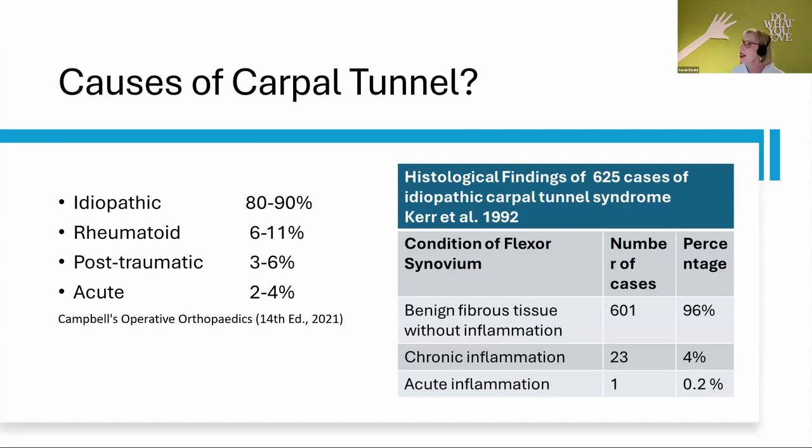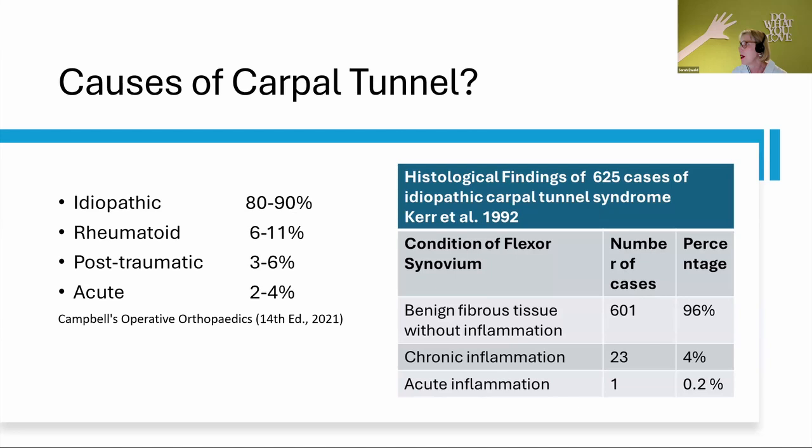So why does carpal tunnel happen? That's another really good question, and it's quite frankly one we don't honestly have the answer to. Most resources say somewhere between 80 and 90% idiopathic, meaning we just don't know. About 6 to 11% roughly can be a complication of rheumatism, rheumatoid arthritis.